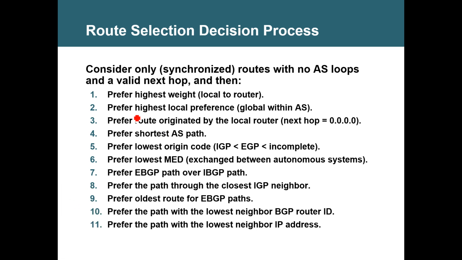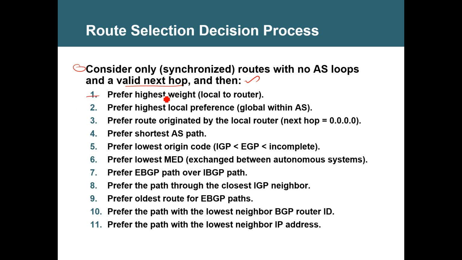If a route is learned from multiple sources, it will first check the next hop. Is the next hop valid? Yes, I have a valid next hop. Both the paths are giving a valid next hop. Then there is a tie. This is like a zeroth attribute.